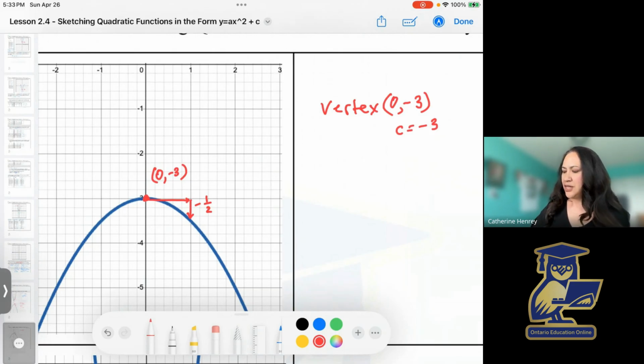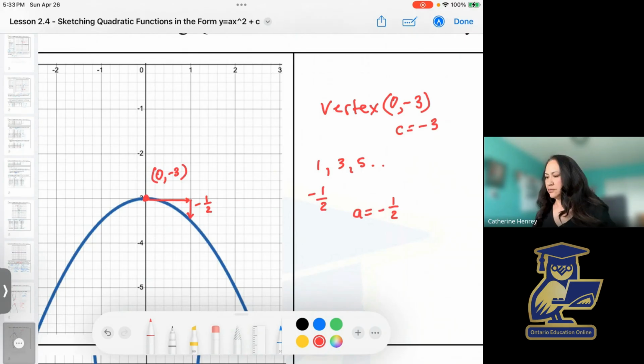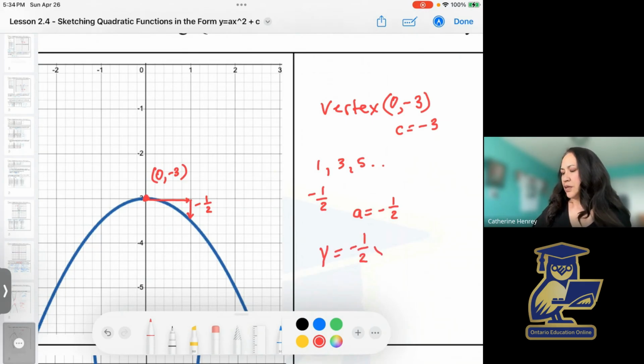And because our step pattern goes from 1, 3, 5, which is from the parent function, this step pattern is -1/2. So that means the A is -1/2.